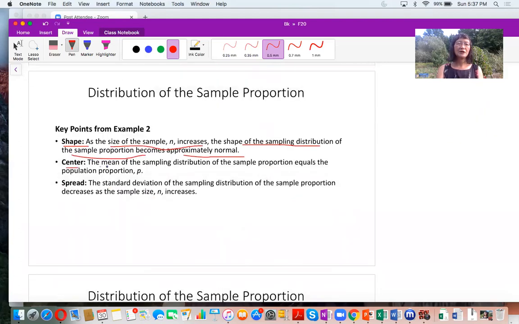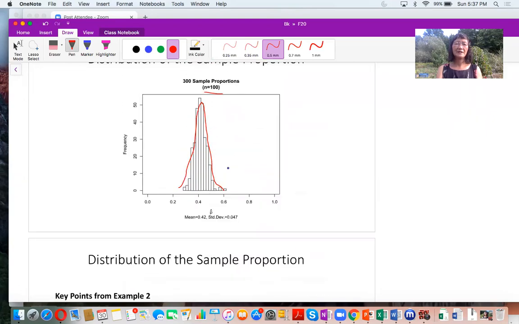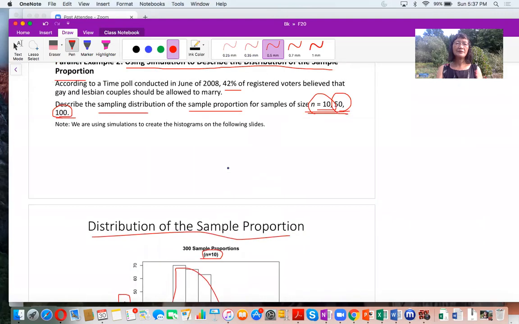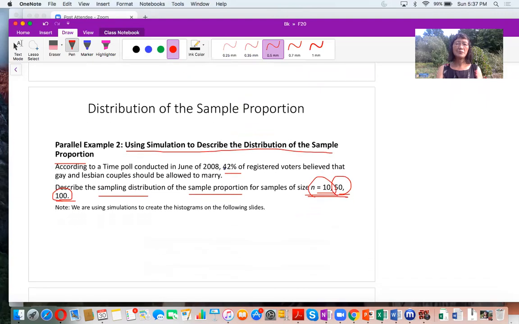Second, the center: the mean of the sampling distribution of the sample proportion equals the population proportion P. Remember the question gave you the population proportion, 42%. So P equals 42%.